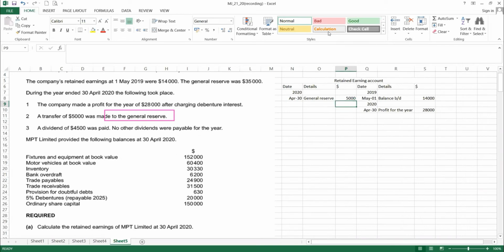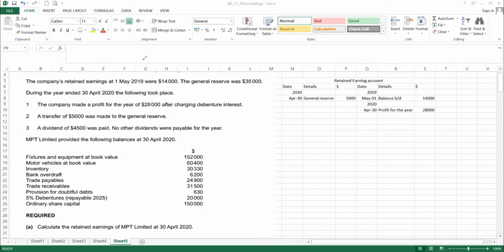Now what I need you to take note of is that in case the question changes it to a transfer of 5,000 was made from the general reserve, you will have the general reserve amount on this credit side. So take note of that in your exam, whether the question says to or from.